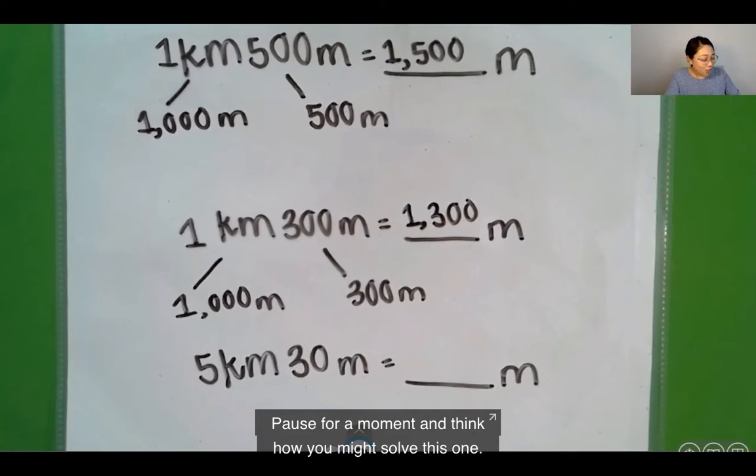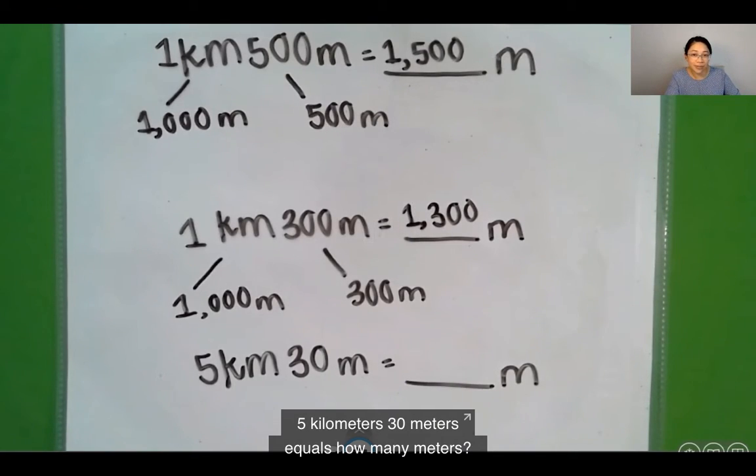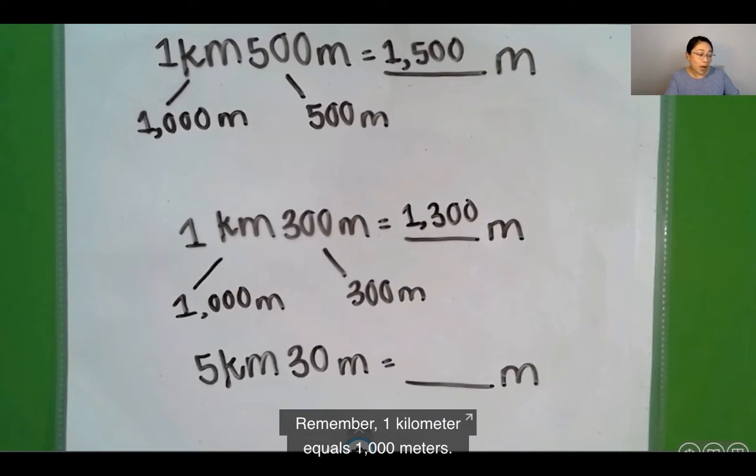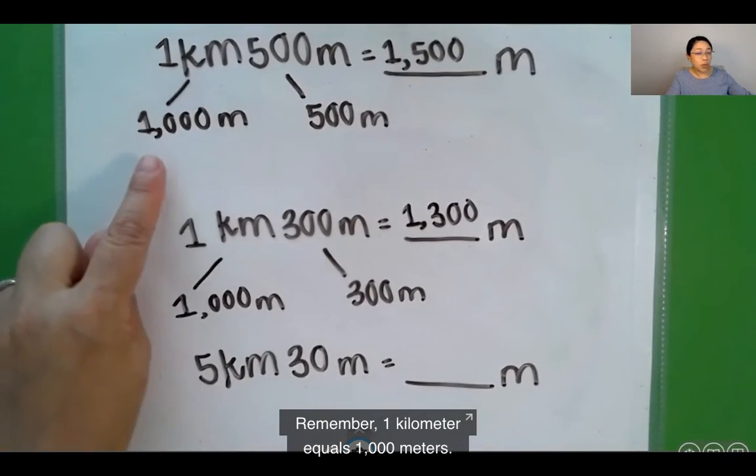Pause for a moment and think how you might solve this one. 5 kilometers, 30 meters equals how many meters? Remember, 1 kilometer equals 1,000 meters.